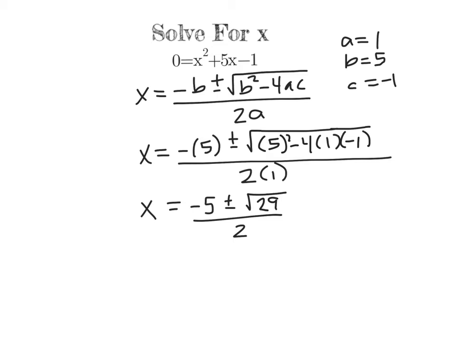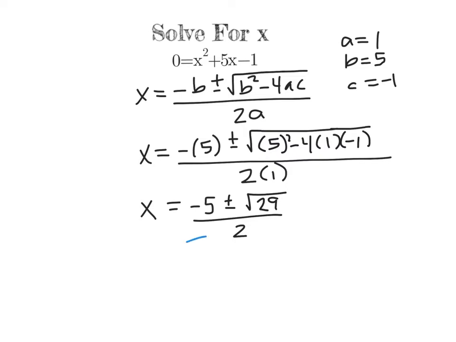So whenever I cannot pull this out, this becomes an irrational solution, because then I cannot simplify the square root anymore. I leave it the way that it is. It's better to leave it in this fraction form, irrational form, than to put it in decimal form and then round and be off in our solution. From here, we can identify that we have two possible answers. There is a plus and a minus, which means I can break this into two parts.